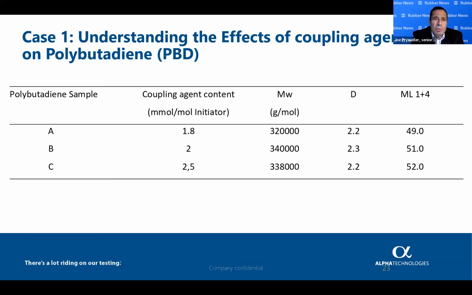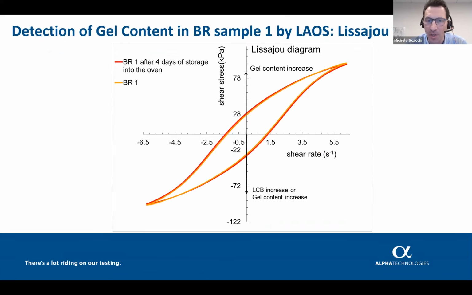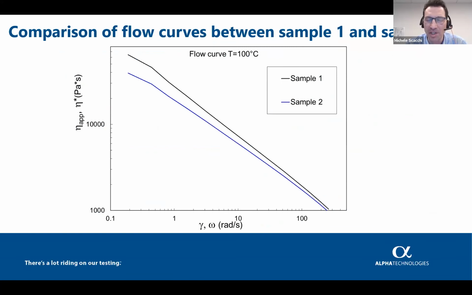Another question: do you think it's possible to determine a certain rubber's viscosity at nonlinear viscoelastic conditions, such as during injection molding? So we, as shown by Rick in the presentation, probably in the last case study, so we can, because the long chain branching indexes that we obtained by using this approach can be well correlated with the viscosity or the flow curve that we obtained by performing frequency sweep tests.